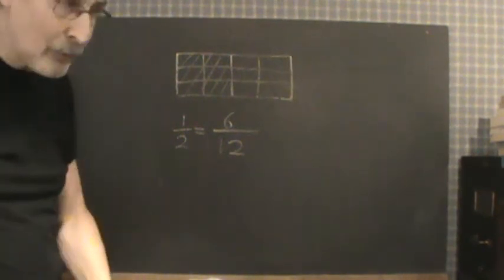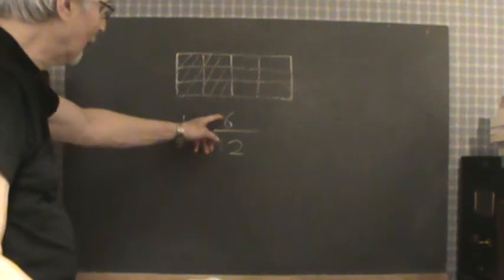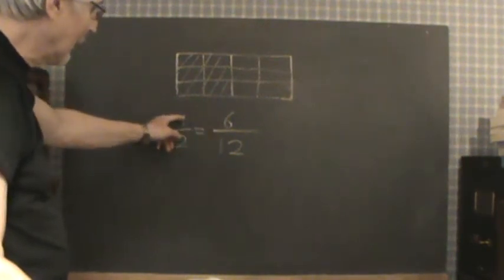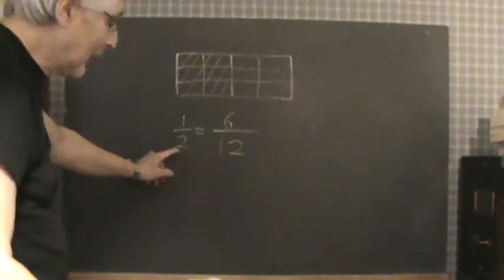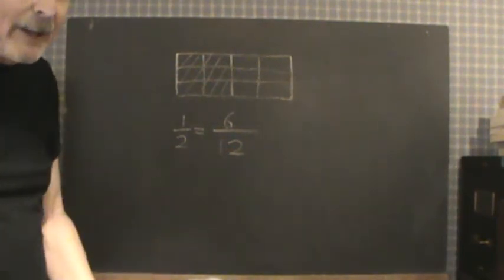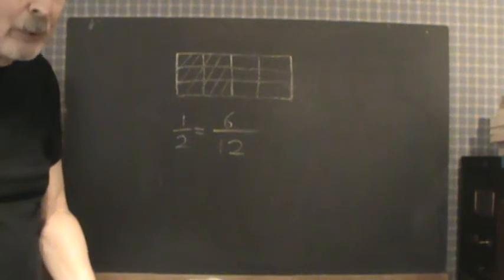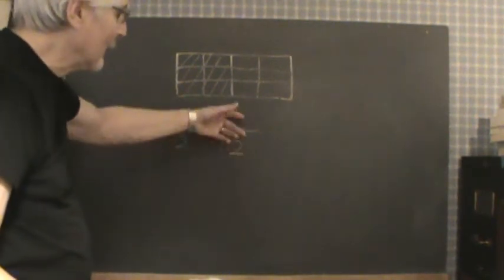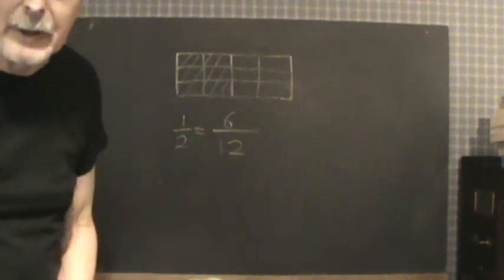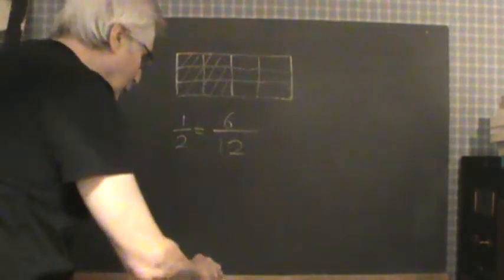Also, you can reverse the order. You can say, I want to divide 6 by 6, gives me 1, divide 12 by 6, gives me 2. So it's reversible, but it's got to be multiplication or division. You can't just add 1 to here and say this is 7 out of 13 or something like that. It's got to be a multiple.